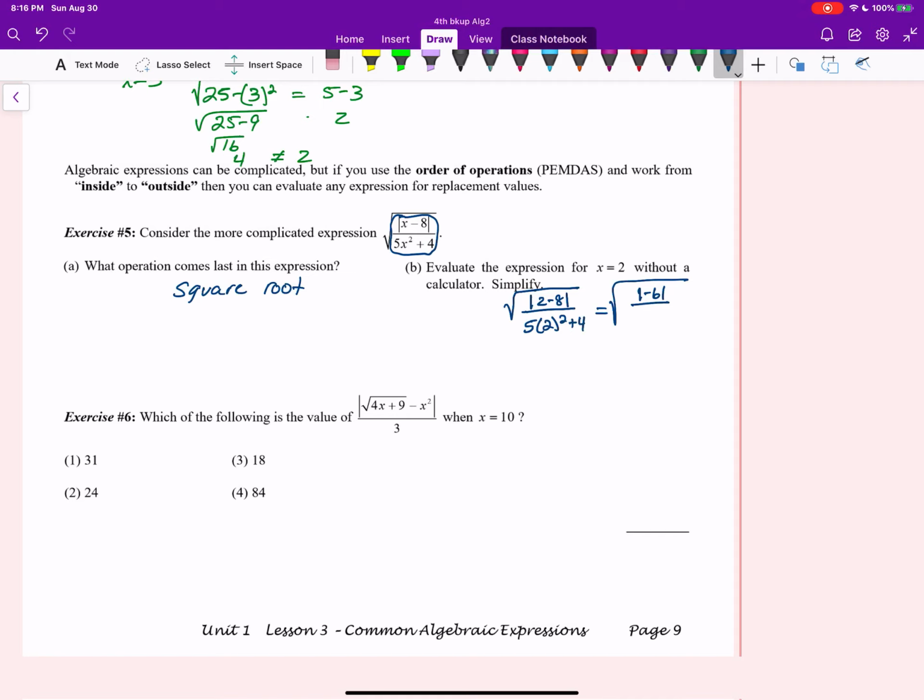Denominator of our fraction here, 2 squared is 4, times 5 is 20, plus 4 is 24. The absolute value of negative 6 is 6 divided by 24. Square root of 6 divided by 24 reduces to 1/4. And the square root of 1/4 is 1/2.